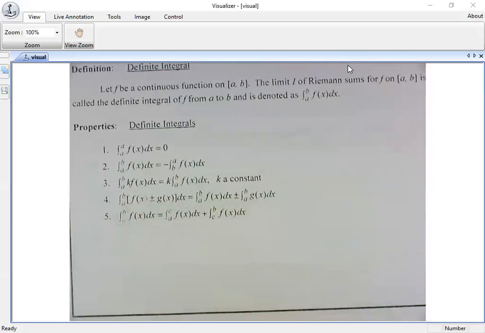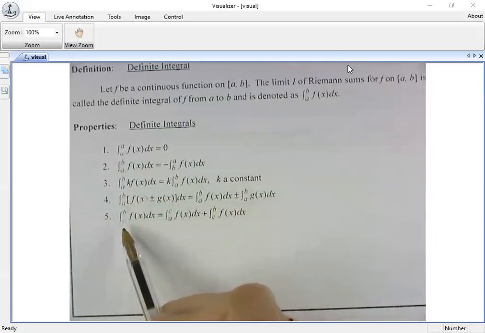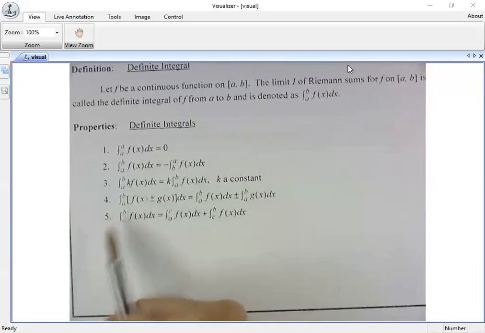And this one, we probably won't see a need for this. This is something we do in calculus too. Let's say we were trying to evaluate from A to B, but somewhere in between A and B, let's say it's one of those goofy graphs where there's an asymptote.